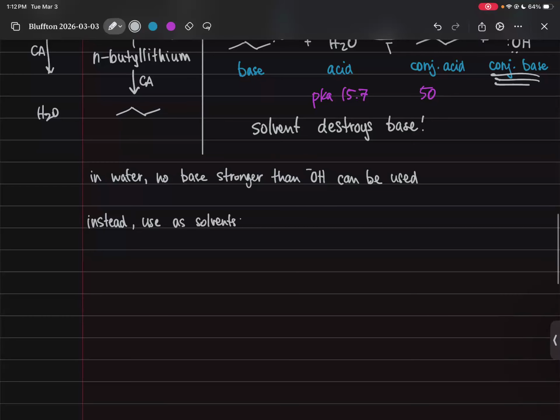Okay, so some other solvents that we can use for things like butyllithium would be, well, hexane. And in fact, this is the solvent that your butyllithium is supplied in. The problem with hexane is it's really, really non-polar.